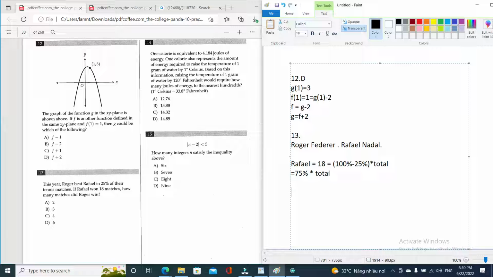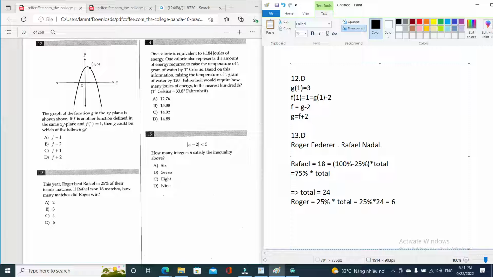You can figure out the total is 24. Roger won 25% of the time. Yes, this is actually accurate in head-to-head: Rafael Nadal actually wins more. So 25% times 24 is 6. So D.